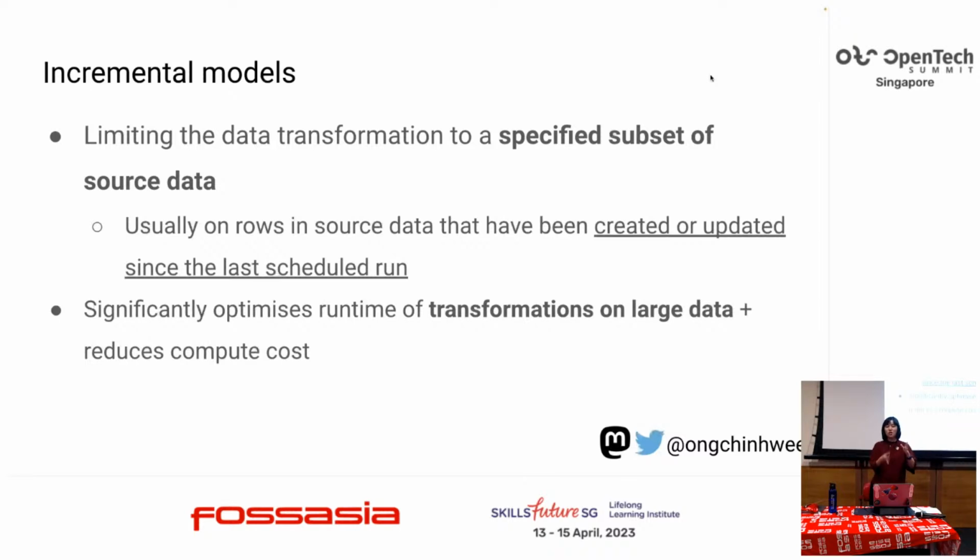Typically, you want to capture the data that has been newly created or updated since the last scheduled run, because you don't want to do extra work, right? And in this case, not only do you not do extra work, you also significantly optimize your runtime on the transformation of large data. So that's why you may want to use the incremental approach instead of a full load approach.